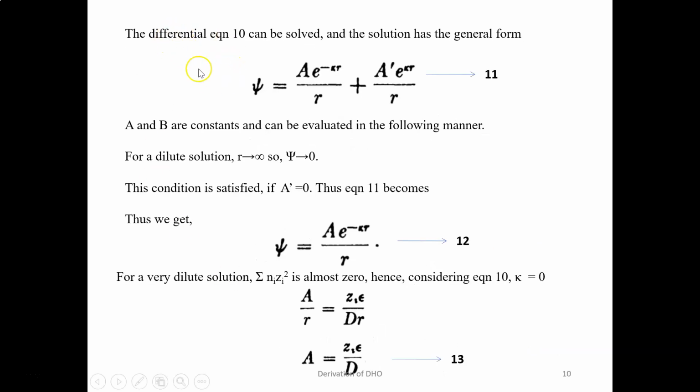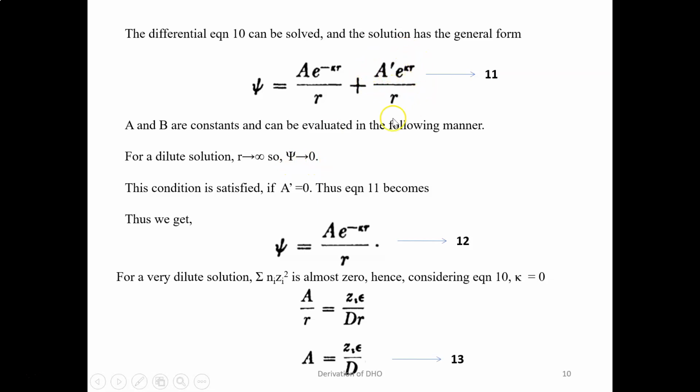After solving the differential equation, you will get a solution like this: psi is equal to A e raised to minus kappa r divided by r, added with A dash e raised to kappa r divided by r. We know that when r tends to infinity, psi should tend to zero.